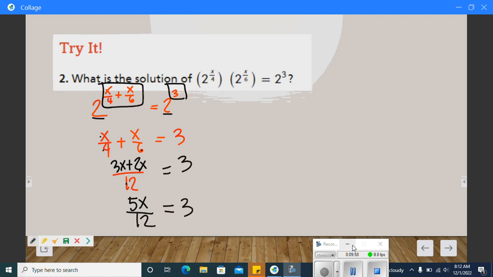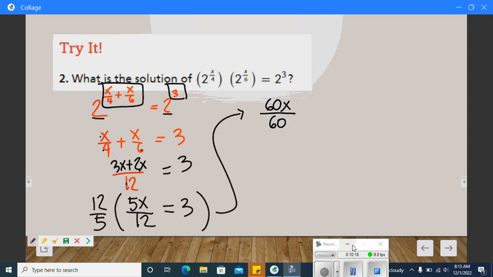Now, what are we going to multiply both sides by? The reciprocal of that should be 12 over 5. So you have there, 12 times 5 is 60x over 60, and 3 times 12 over 5. 60x over 60 will give us x, and 12 times 3 is what? 12 times 3 is 36 over 5.